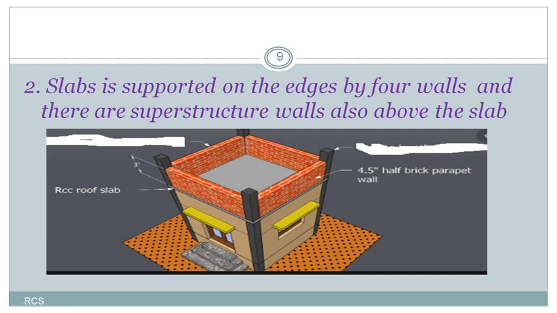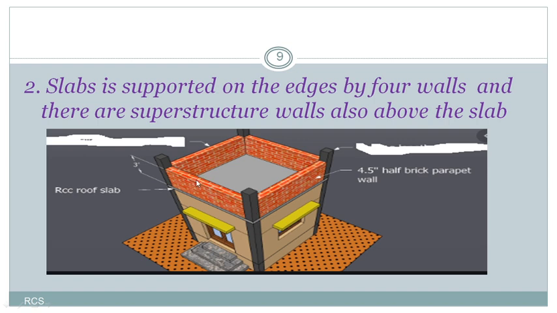In the first case, the beam and slab are cast monolithic, and in the second case, the slab is placed over four supports as a brick wall, and over the slab we have to provide one more wall, called a parapet wall, or you can provide one more floor on it.